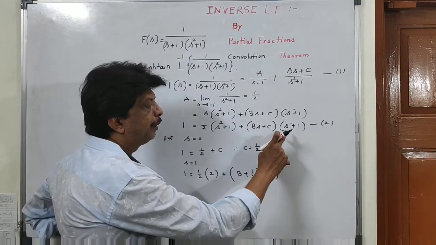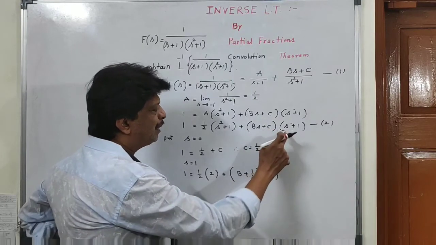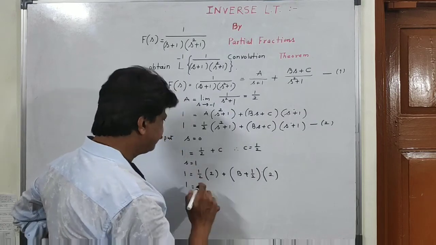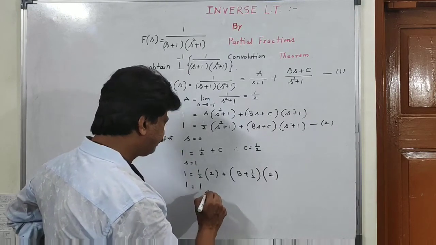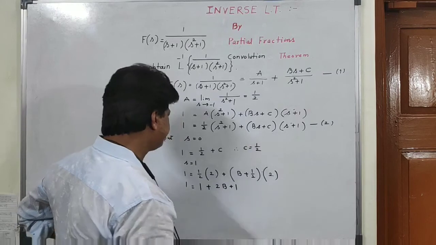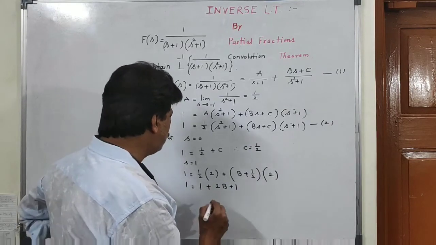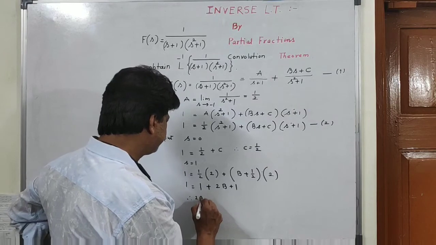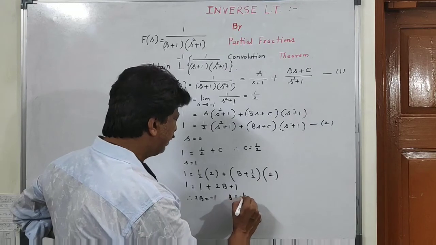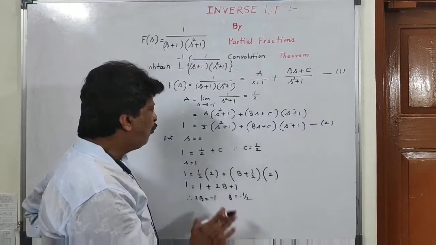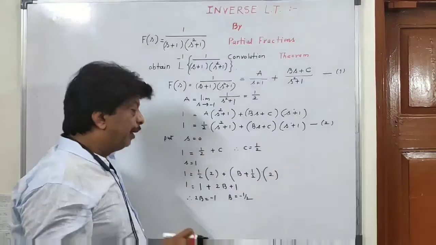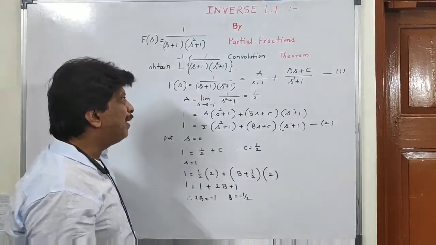Because c is 1 by 2 and s is 1, 1 plus 1 is 2. So 1 is equal to 1 plus 2b plus 1. So 2b is equal to minus 1 and b is equal to minus 1 by 2. So we have found the values of A, B and C. Capital A is 1 by 2, b is minus 1 by 2 and c is again plus 1 by 2.